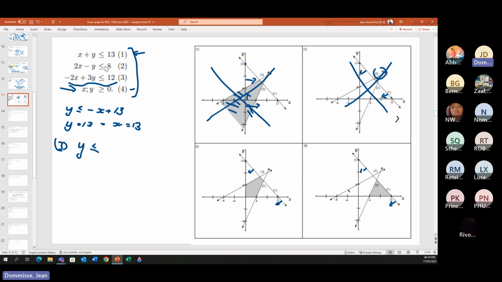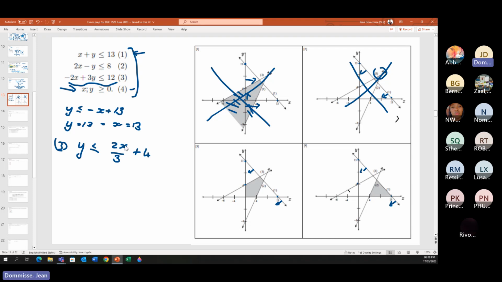Okay, so 2x will become positive on this side, but we will divide by 3. And then the 12 will stay on this side. Divide 12 by the 3. That is plus 4. Okay, so let's just look. Plus 4. Plus 4. Okay, so those two are still right.